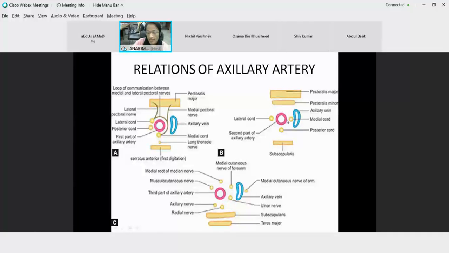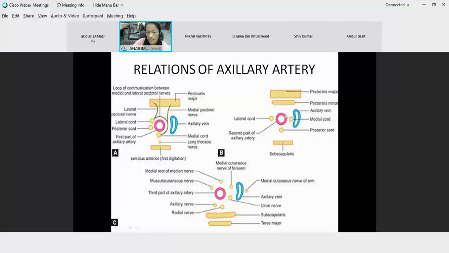There is a peculiarity in the second part of the axillary artery, that is, the relation of the cords of the brachial plexus is according to the name of the cords. That is, the medial cord of the brachial plexus is medial, the posterior cord is posterior, and the lateral cord is lateral to the second part of the axillary artery. Okay, that is about the second part of axillary artery.